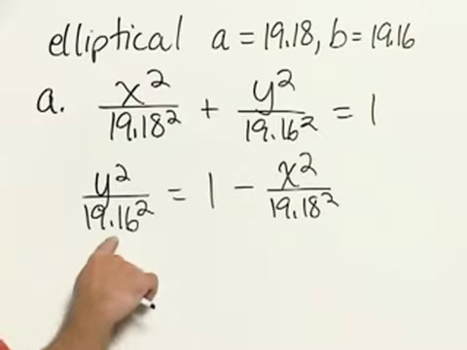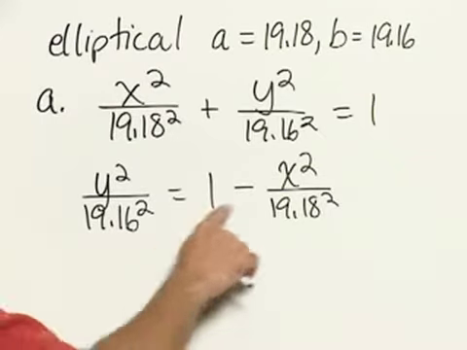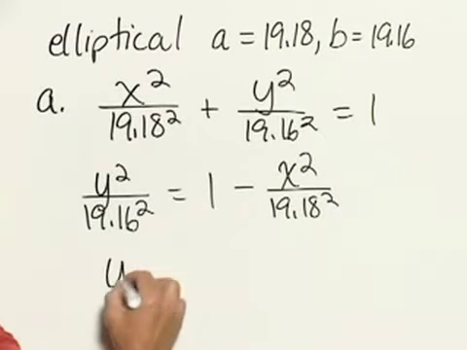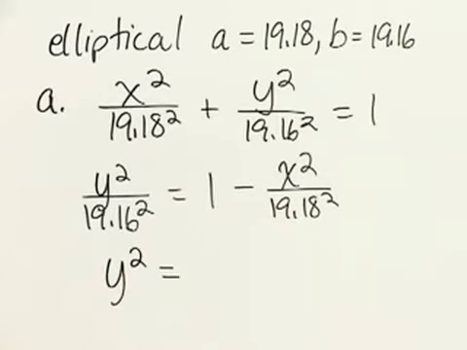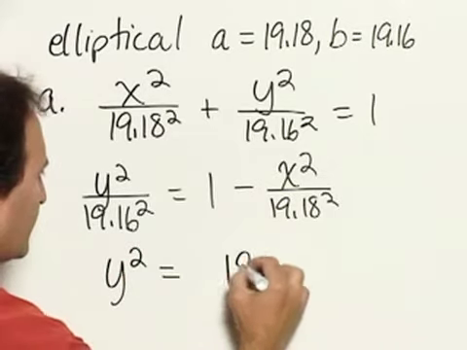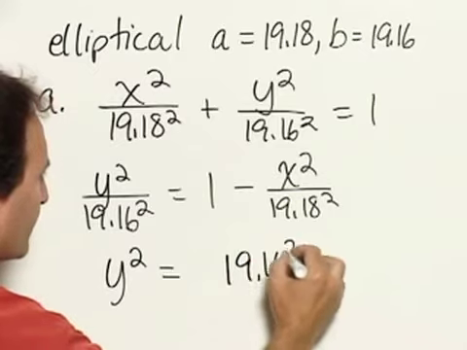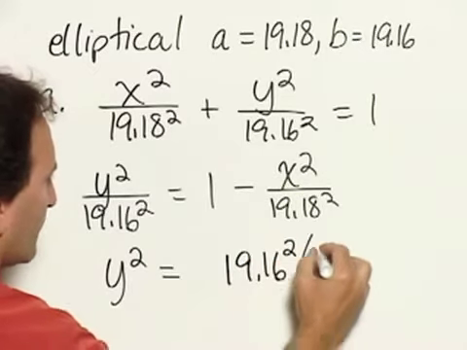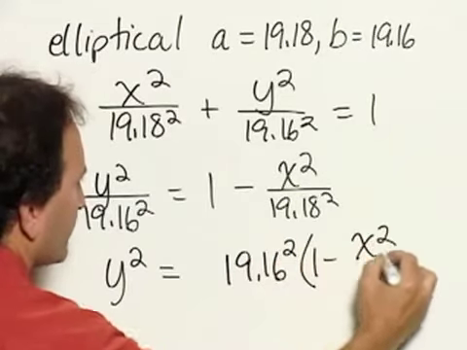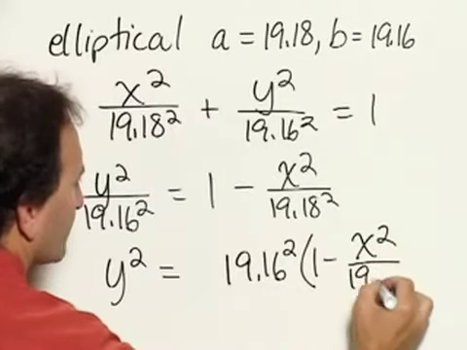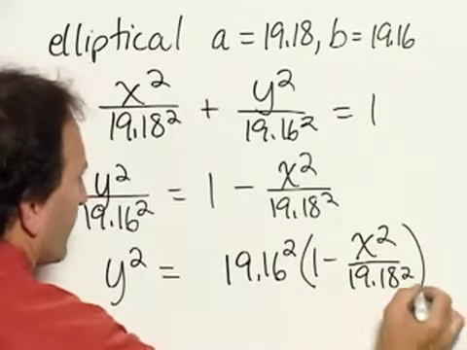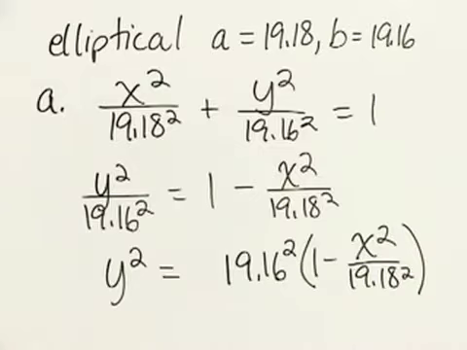Next, we multiply both sides by 19.16 squared. So y squared will be equal to 19.16 squared times, and now put it in parentheses, 1 minus x squared over 19.18 squared. Now we take the square root of both sides.